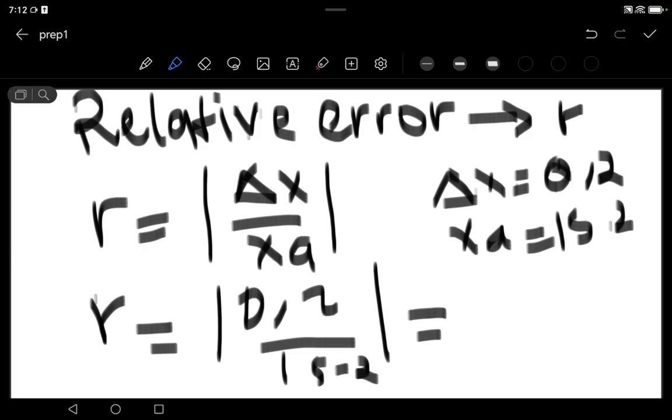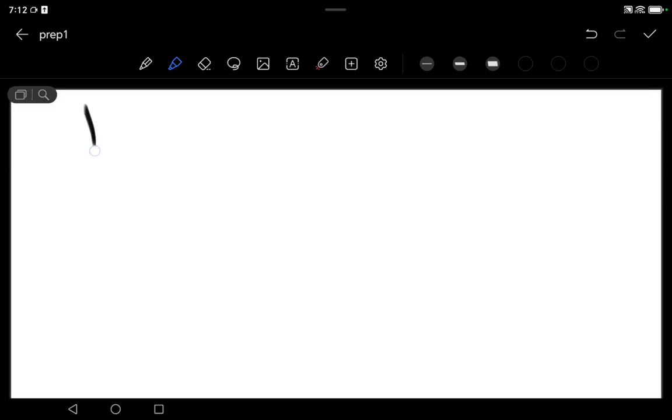Okay. So did you calculate? Yes. How much did you get? I got 0.013. Okay, yes. So this is how we calculate relative error. While we're still under errors, we still have percentage error.